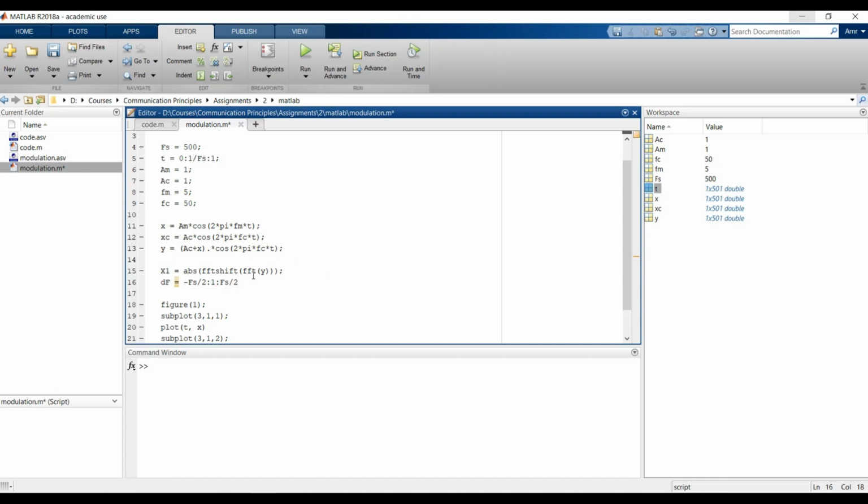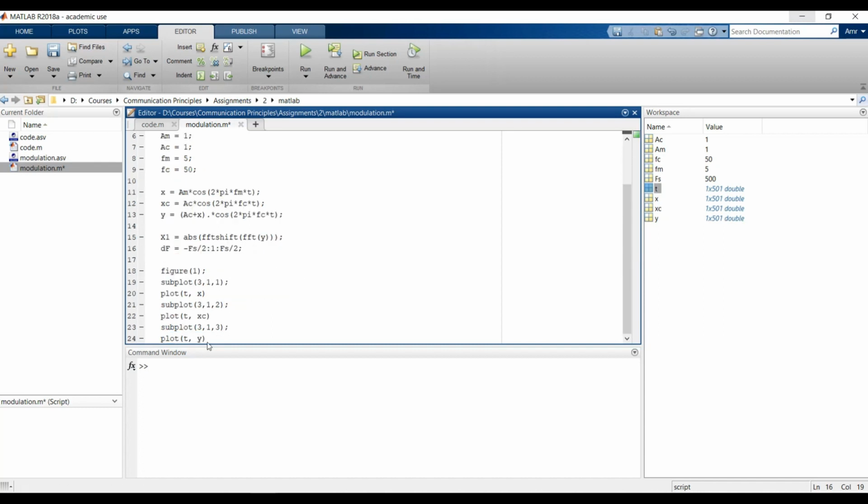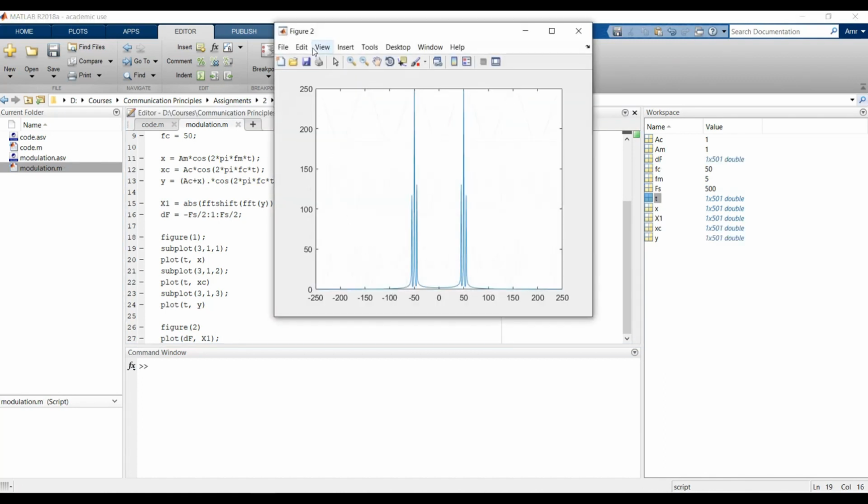This way we have 500 ticks along our x-axis, which in this case is basically the frequency axis. So let's go ahead and try to plot that. I'll just call figure 2, then plot df and x1, and run that.